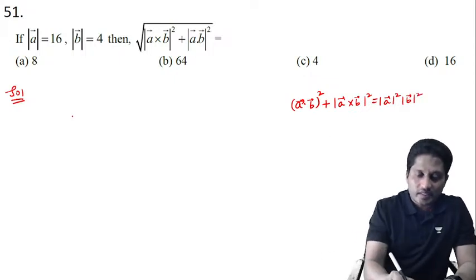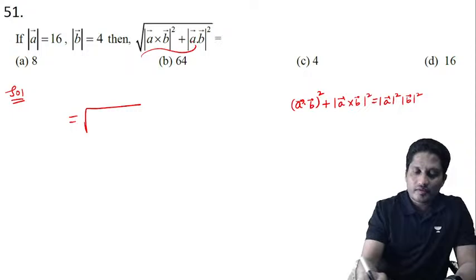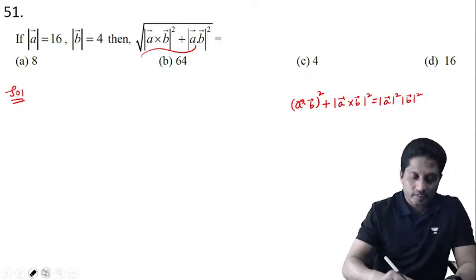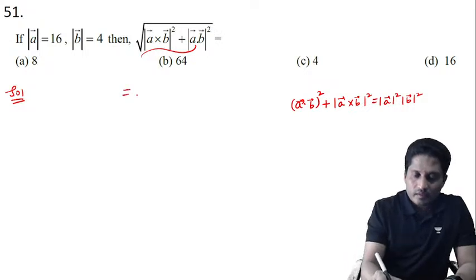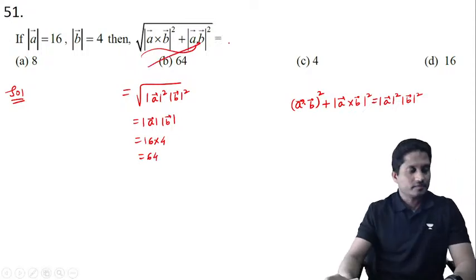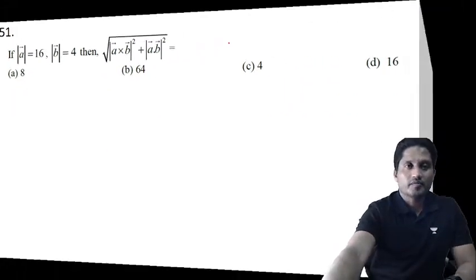That's called Lagrange's identity. So it will be equal to root of mod a square into mod b square. Root and square cancel. You will get this as mod a into mod b. Modulus of a is 16, modulus of b is 4. 16 fours, it is 64. Answer is option B. Right, let's move to the next question.